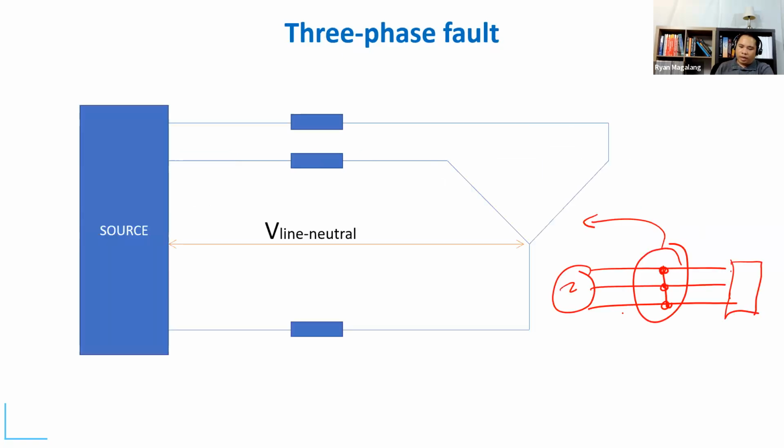The idea is we'll take the line to neutral voltage, and take the impedance to the voltage point in one of the phases.